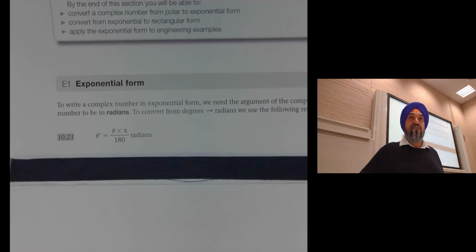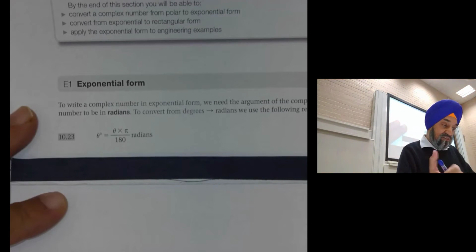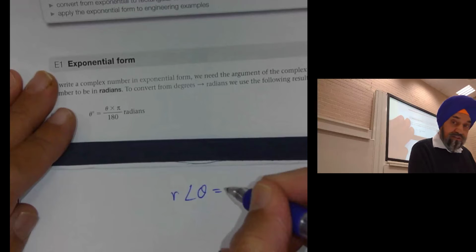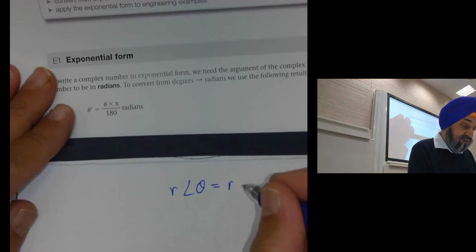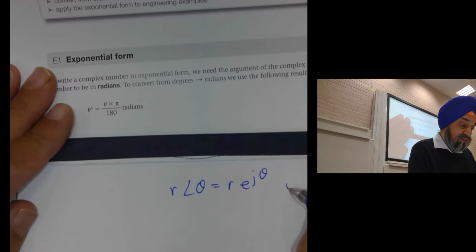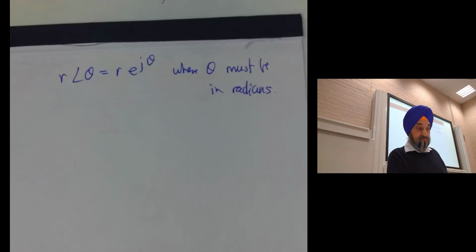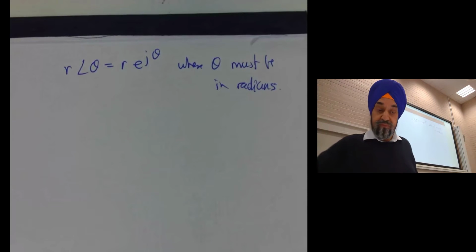And what this says is r theta is equal to r e to the j theta, where theta must be in radians.